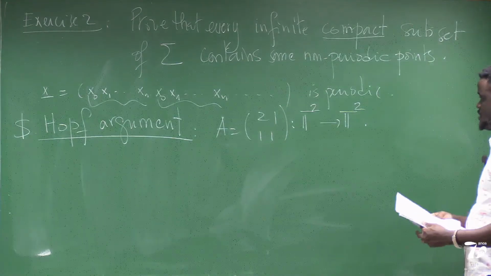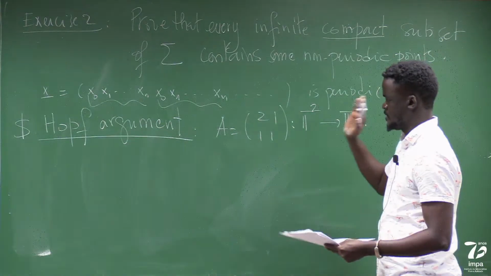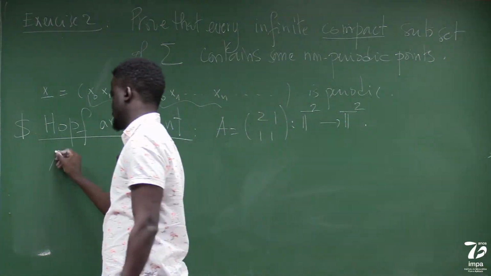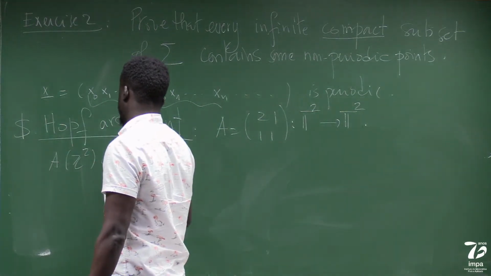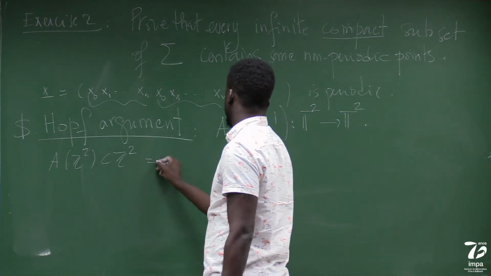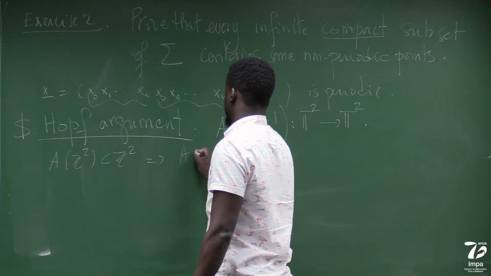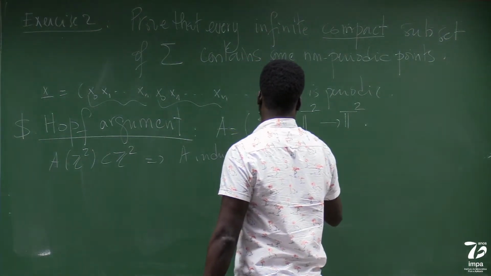Why is this a dynamical system on T2? Because A of Z2 is inside Z2, and the determinant is 1, so this induces F_A on T2.